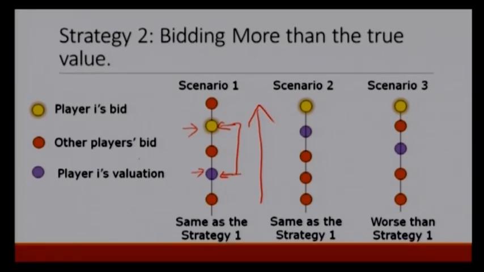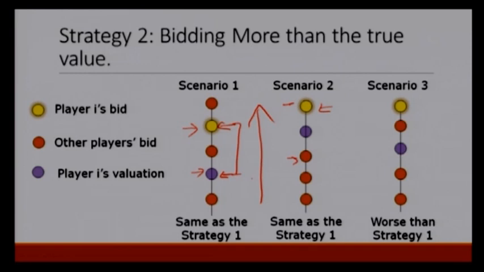Let us look at scenario 2, in which his bid is the highest, and his valuation is also higher than all other bids. What happens in this case? He bids this much, the second highest bid is this much. So, how much does he pay? He pays the second highest. Remember, it is a Vickrey auction. He does not have to pay an amount equal to his own bid, he has to pay an amount equal to the highest among all remaining bids.